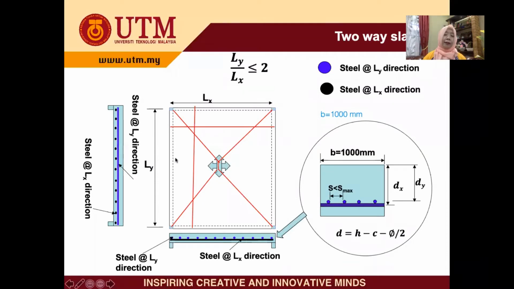Therefore, we need to put a lot of steel in this direction. We have a lot of steel from here to here, spanning from here to here, and this direction is also the same.